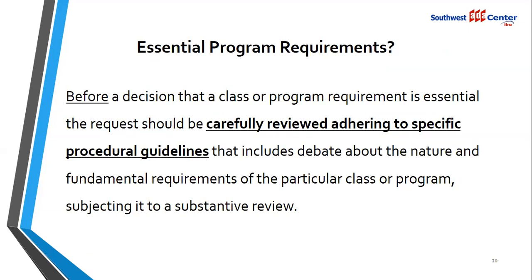Now, I'm going to talk about a few things that should come into play in terms of all the training and everything we're talking about. Essential program requirements.